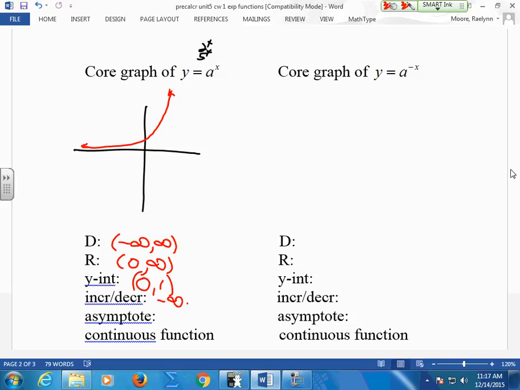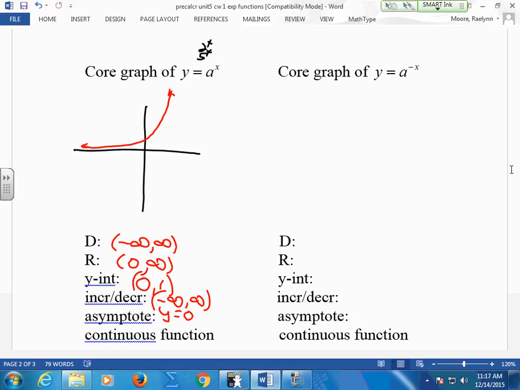So it's increasing throughout my domain. And what's your asymptote for this that guides your end behavior? y equals 0. Good. And we call this a continuous function. We're back to being continuous here. We put our pencil down and we don't pick it back up until we're done.